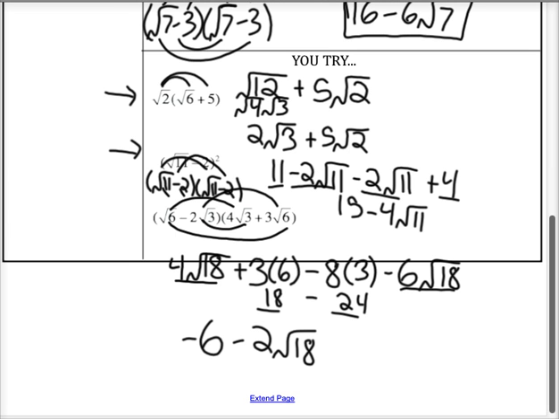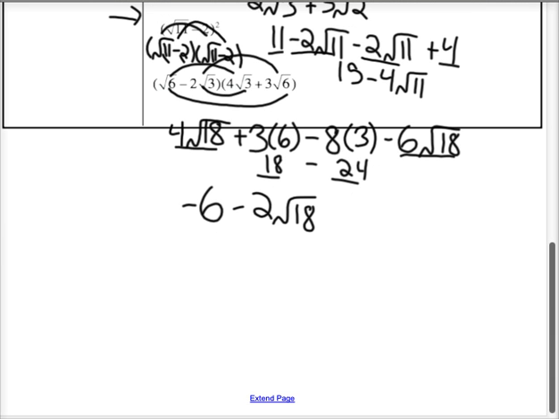Now, if you notice, we're not quite done yet. There's still a little something that we can do. Because notice that 18. That 18 can actually break up into 9 and 2.